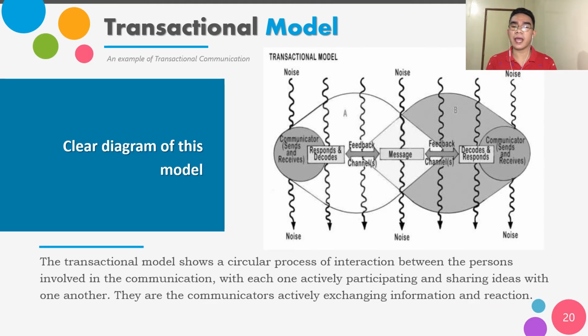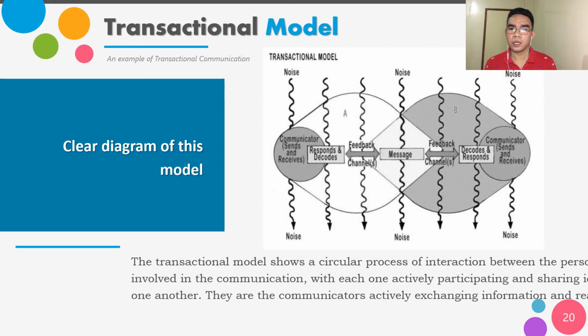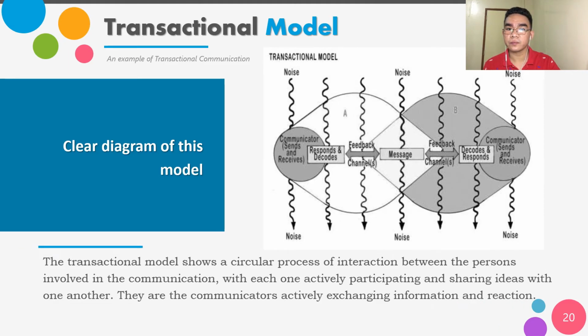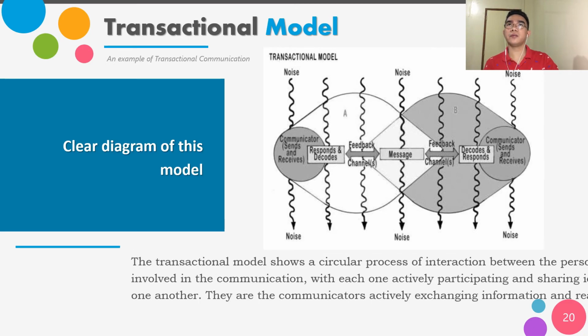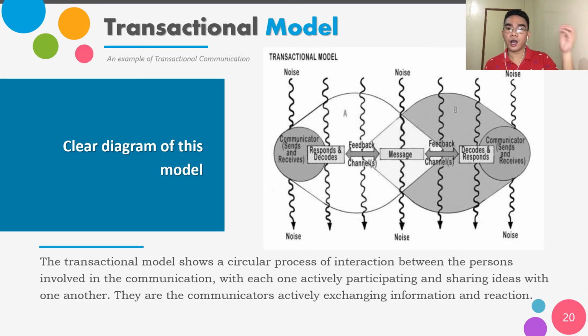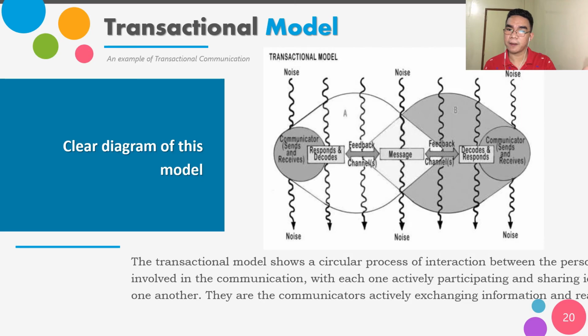For example, in a classroom, the current location of the sender may affect the communication process because of its noise.